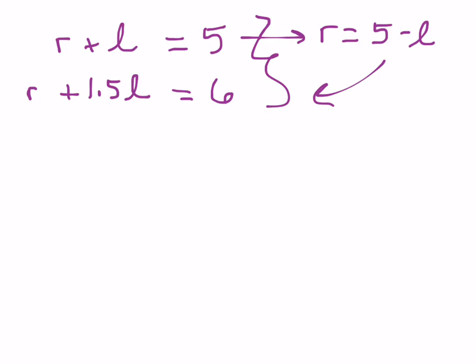So instead of the first R, I'm going to write 5 minus L plus 1.5 L equals 6. Combine the L's, so this is like negative 1 L plus 1.5 L, and negative 1 plus 1.5 is positive 0.5.